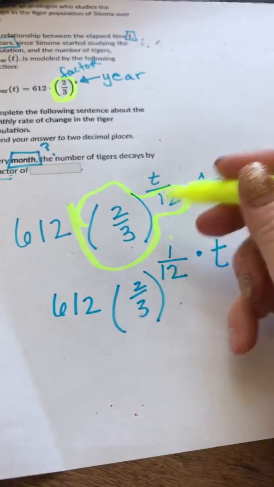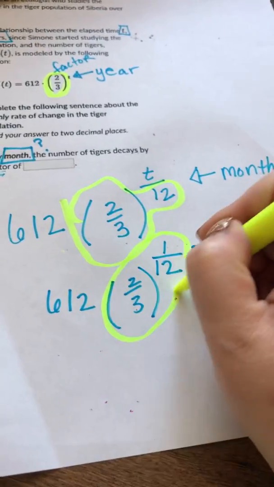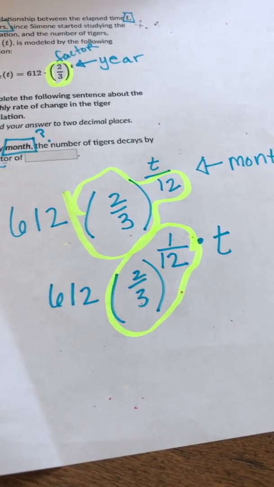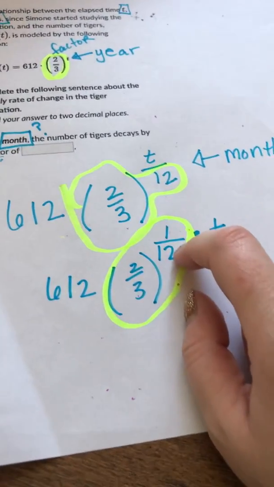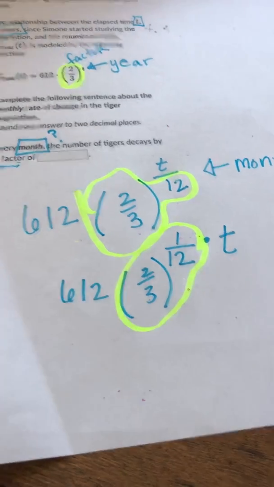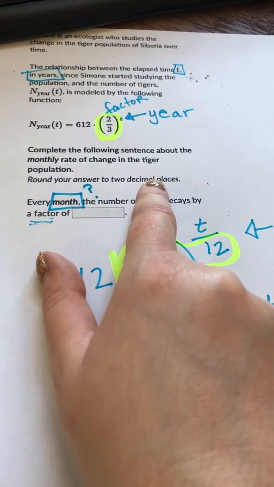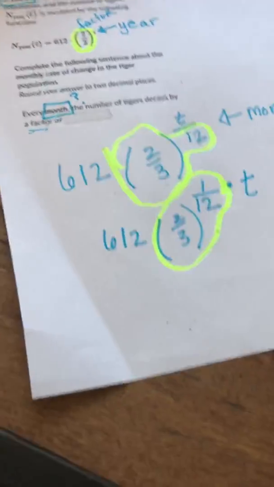Now I'm going to put this 2/3 to the 1/12 in our calculator, and then round to 2 decimal places, and you got it. Let's just remember how to put this in the calculator.